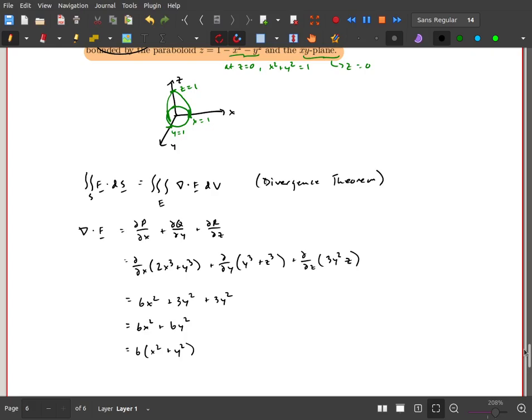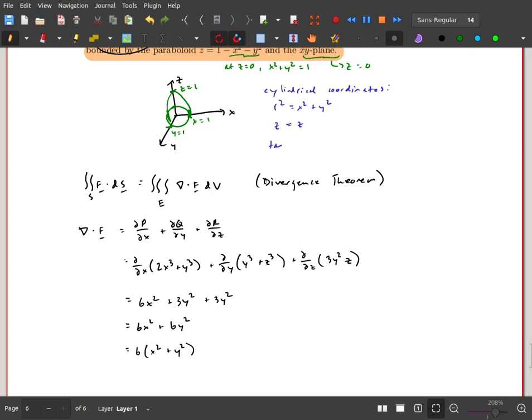the conversion to cylindrical coordinates is actually pretty simple. For those of you who forgot, cylindrical coordinates are: r squared is equal to x squared plus y squared, z is equal to z, and then there's also a conversion in theta.